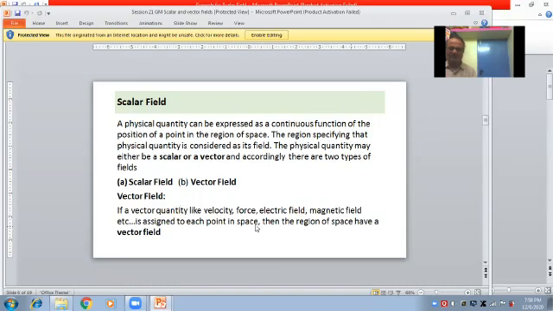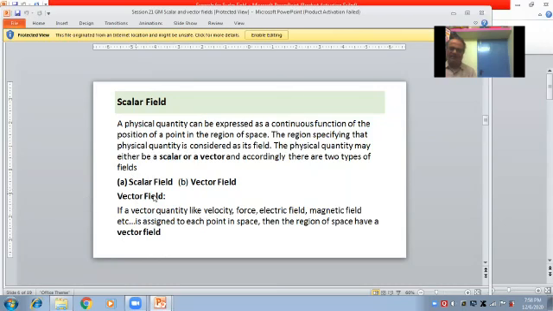There are two types of fields. First, a scalar field means the physical quantity is a continuous function and a scalar quantity distributed around a point. For example, take a point charge. Around a point charge, the electric potential is distributed. This electric potential is an example of a scalar field.